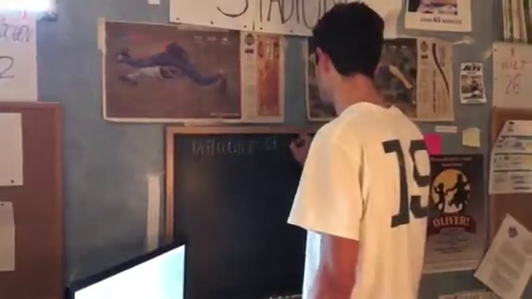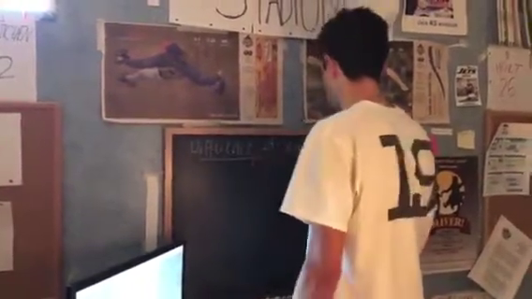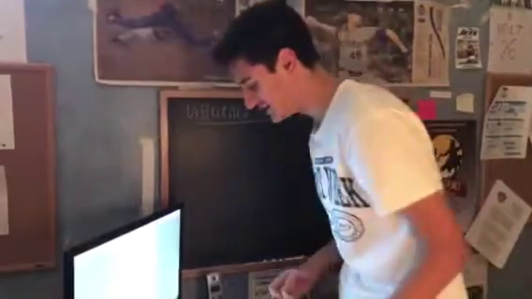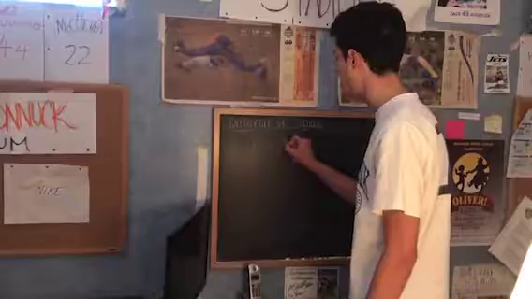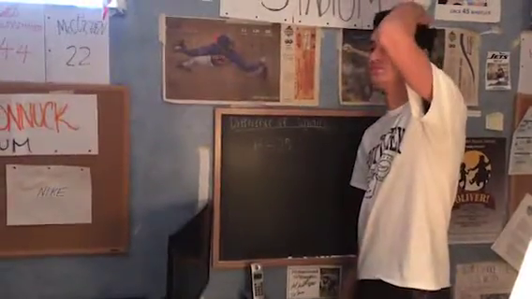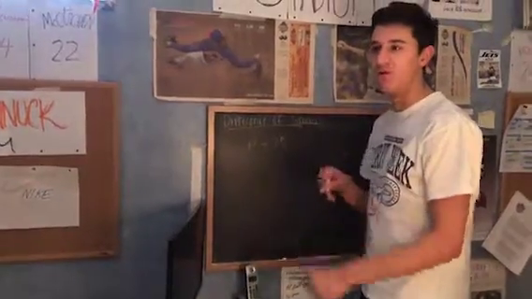But this is the difference of squares. The difference of squares is really easy, even though you probably don't know what it is. But you just have x squared minus 25. How might I go about factoring this? Well, watch.